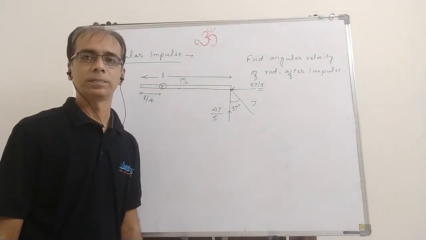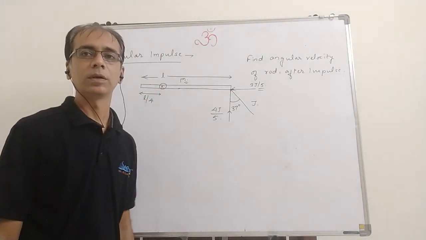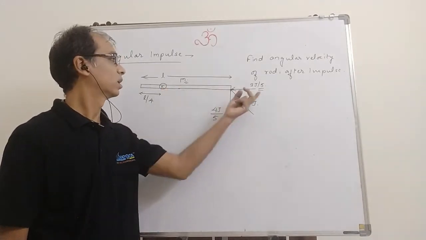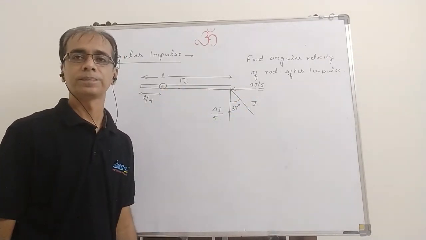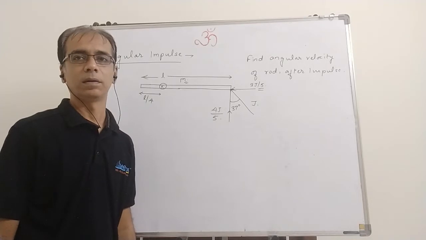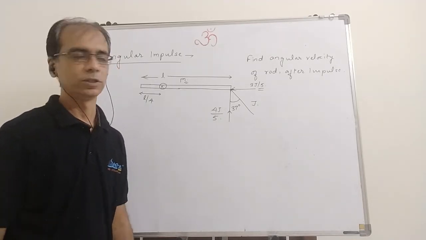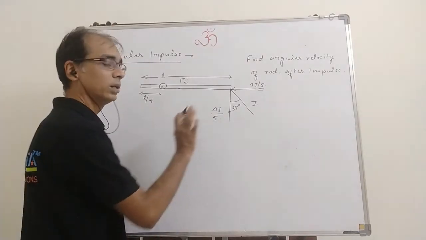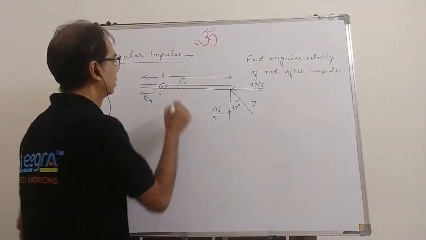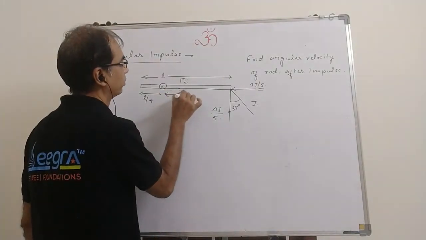The answer is no, because R and J are anti-parallel, so they cannot produce any angular impulse. Only this one can, and this distance is 3L by 4.